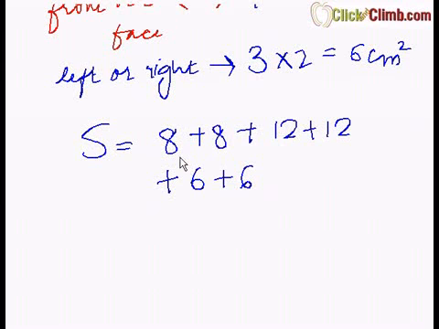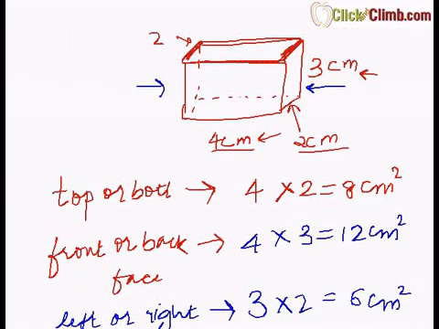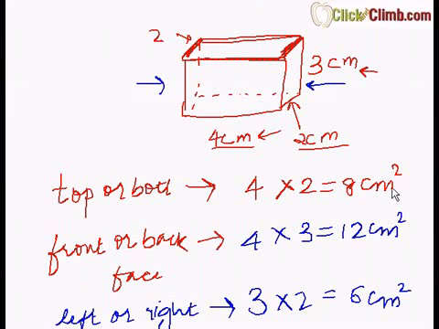Okay, so now we have 1, 2, 3, 4, 5, 6 faces, 6 areas. We add up all these things and we'll get in the end 52. So this 52 square centimeters will be the surface area of this prism. Alright, so this was all about the surface area of a prism, and this was the very basic example of surface area of the prism.